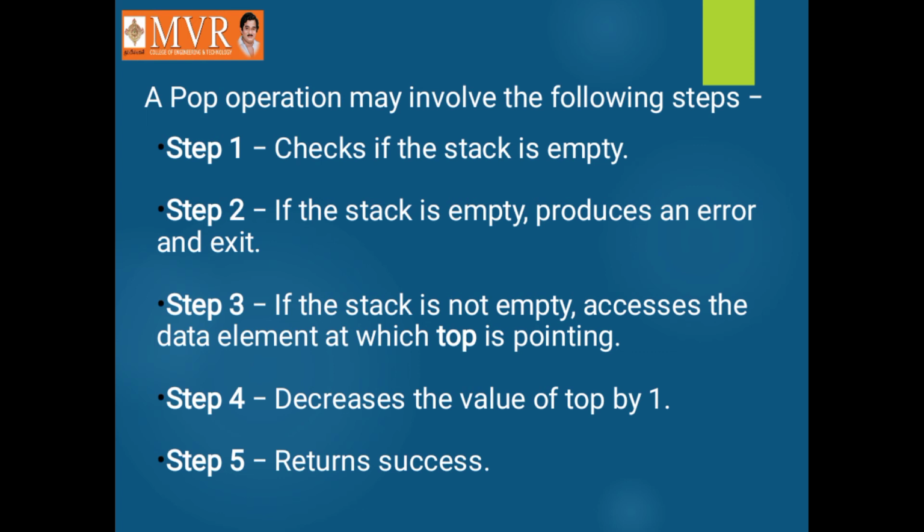If the stack contains some items, then delete the last item, that is the item pointed to by the top. Delete that item, decrement the top value by 1 and return success.